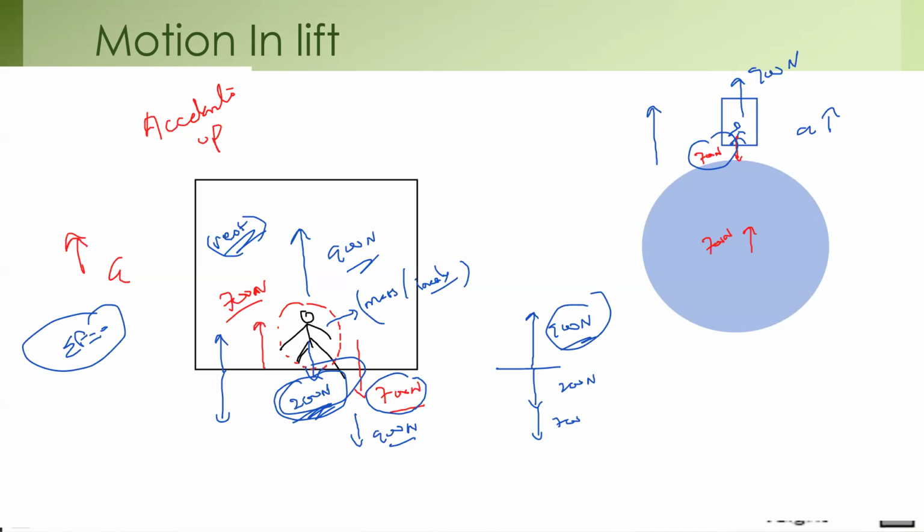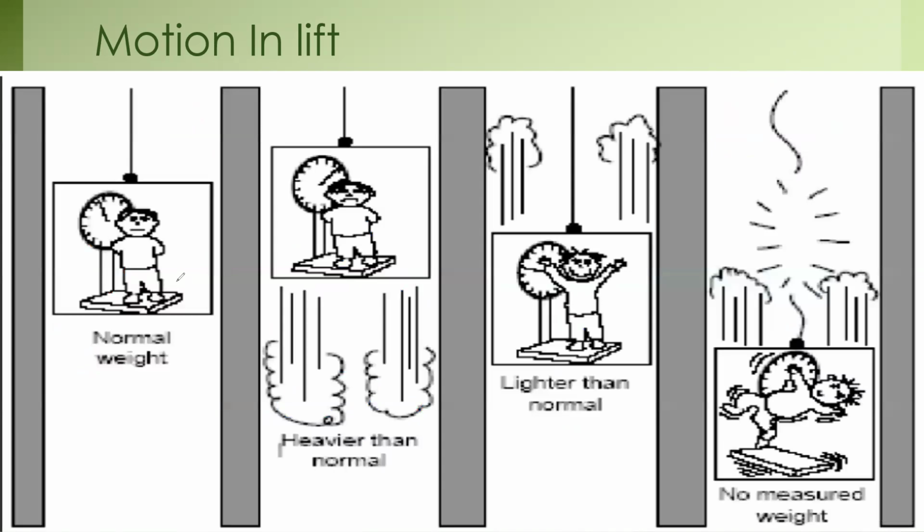So actually what happened is the tendency of a body to remain in inertia, and that is not your actual weight. The reading on the balance will appear higher than actual. If you're standing on the scale, like here he's standing, the weight is acting downward and the normal contact force is acting upward.